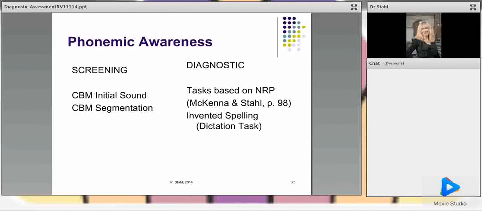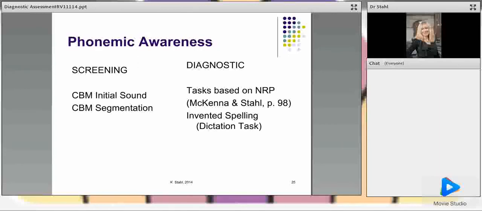And so you would want to investigate some of those same tasks that were identified by the National Reading Panel. For example, if a child can't do segmentation, then we really need to back up and think about, can they do rhyming? Can they identify rhymes that are teacher-generated? Can they identify rhymes that are student-generated? How about phonemic isolation? How about blending? Are they able to blend?